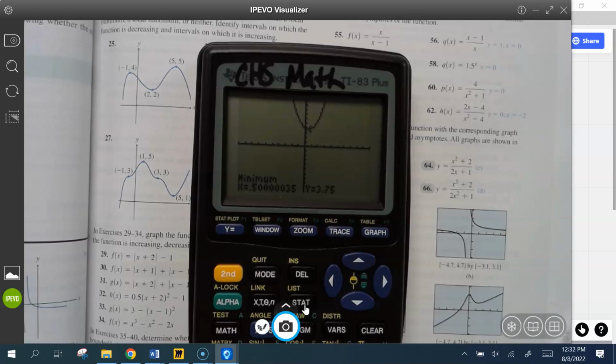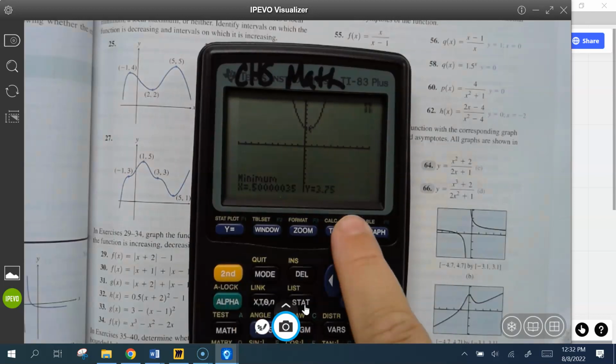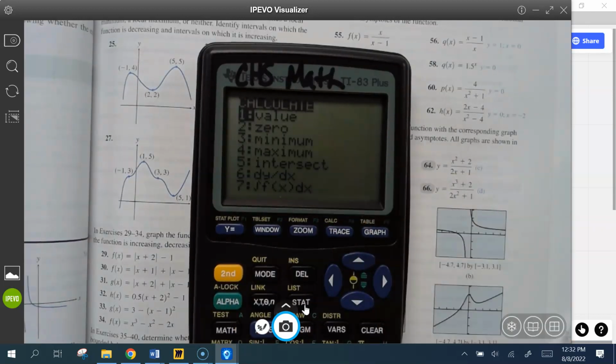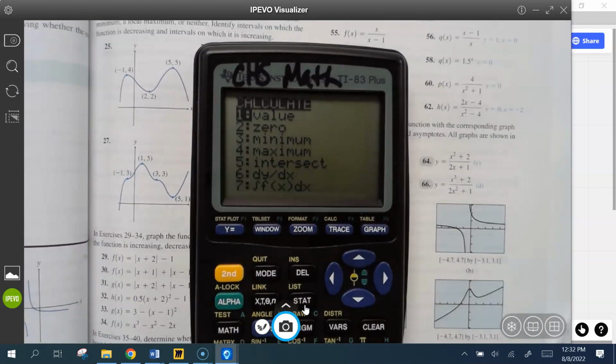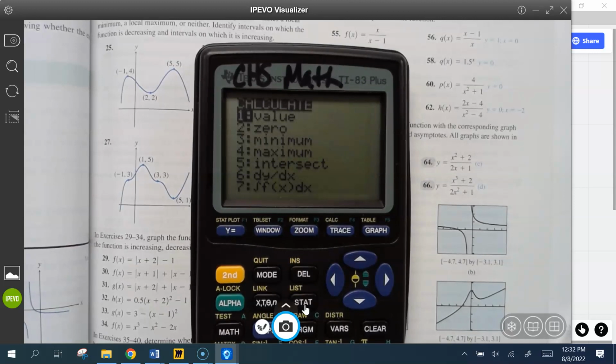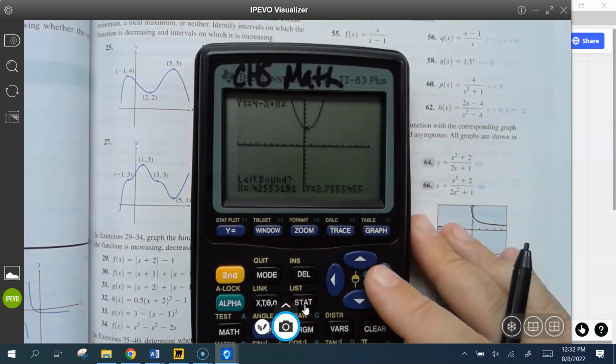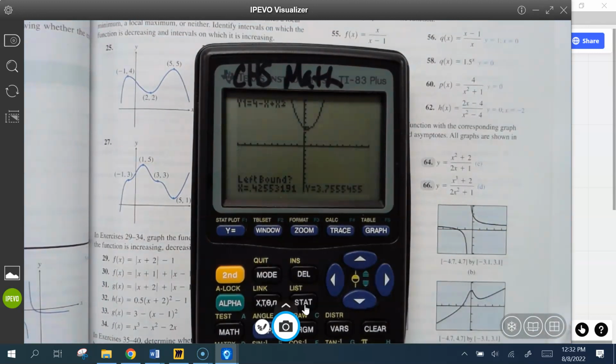Anything else from your homework? How do I get what? Oh, second trace, and then I chose minimum. Just ask Carter. He'll teach.